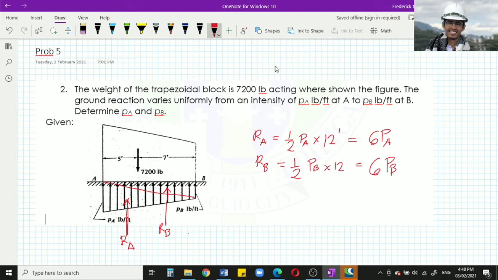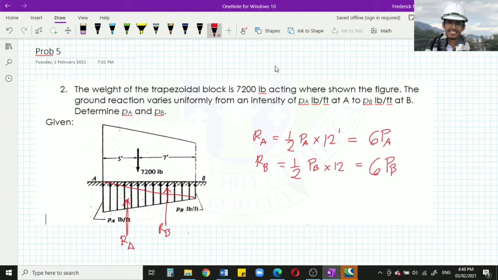So, saan tayo magmo-moment para makuha natin yung RA or yung 6PA or yung PB natin? Okay? So, pwede tayong mag-moment dito sa point ng RA. Yung force na maimo-moment natin dito will be yung 7,200 pounds and RB.